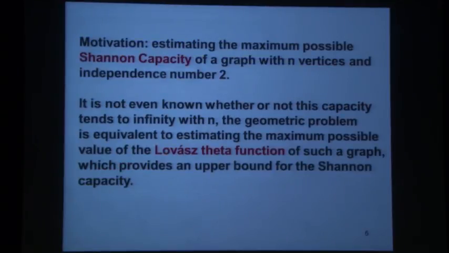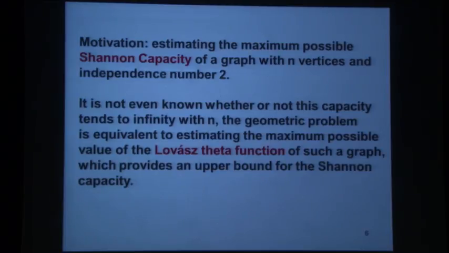So let me talk a little bit about what I'm not talking about, which is just to say something about the motivation of this, just to say the relevant buzzwords for those who know the notion. Some of the motivation of Lovász for asking this question comes from information theory. What we want is to estimate the maximum possible Shannon capacity of a graph in which the independence number is 2. This tells us something about the maximum zero error capacity of a noisy channel, if the channel is such that when we use only very short messages of one letter, we can use only two distinct messages.